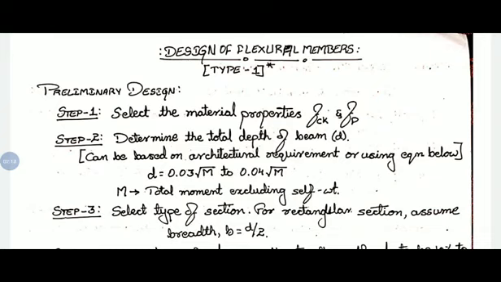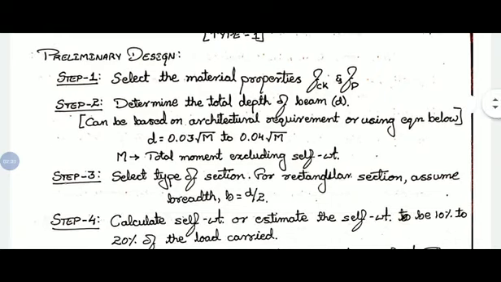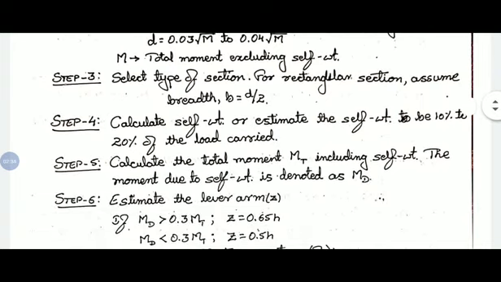Then step 3, type of section. We need to decide whether to go for a rectangular section or flanged sections. If it is a rectangular section, the width of the section should be half of the depth. This is just assumed; we can change it with respect to requirements.